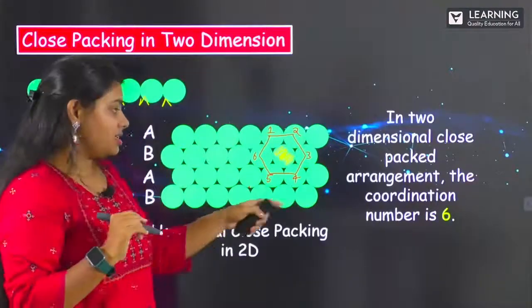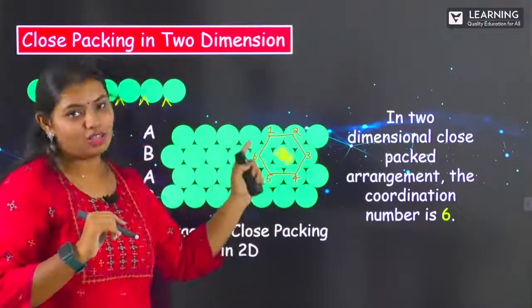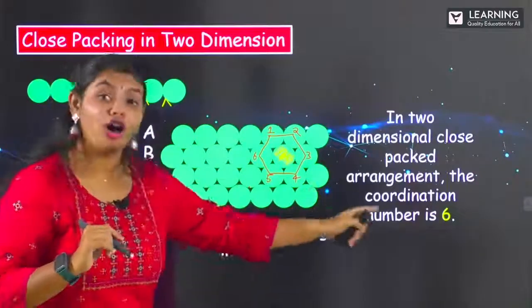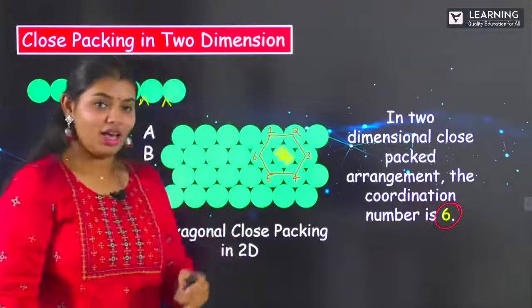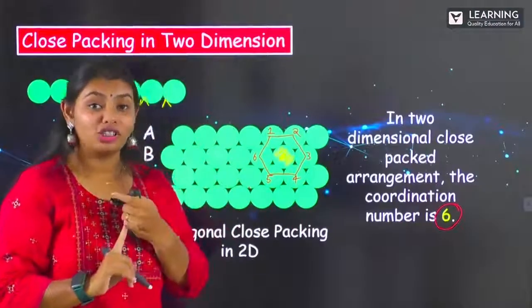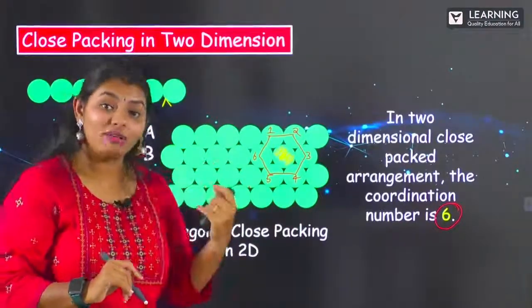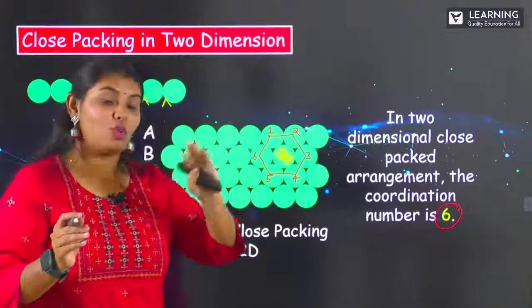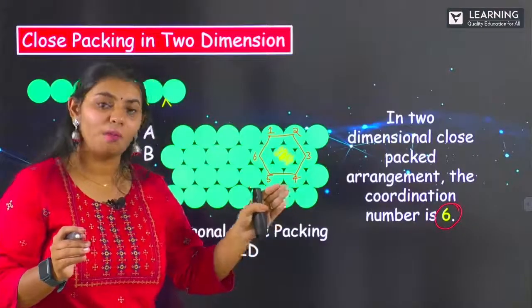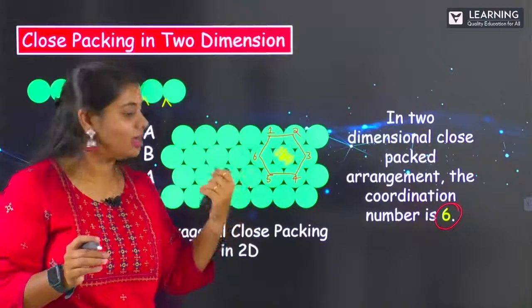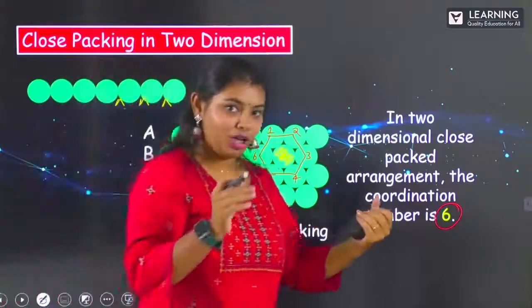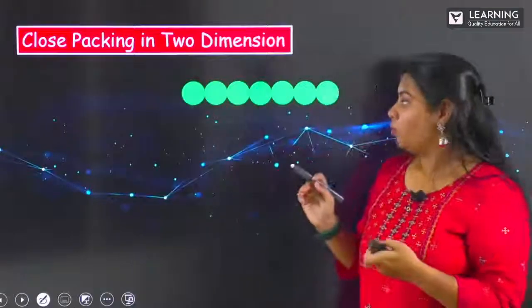That is the reason this arrangement is called hexagonal and the coordination number is 6. So in 1-dimension, what was the coordination number? 2. In 2-dimension, there were 2 possibilities. In square close packing, what was the coordination number? 4. In hexagonal close packing, what was the coordination number? It is 6.